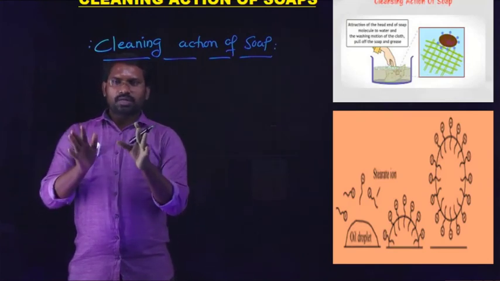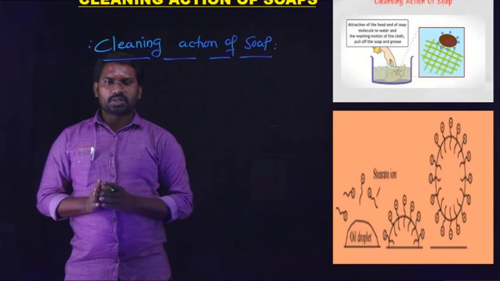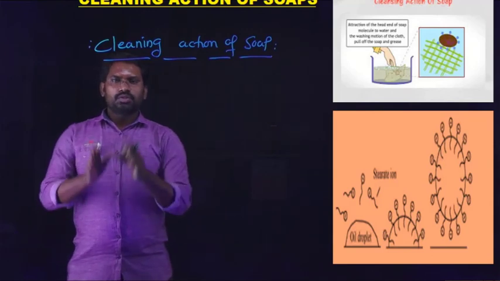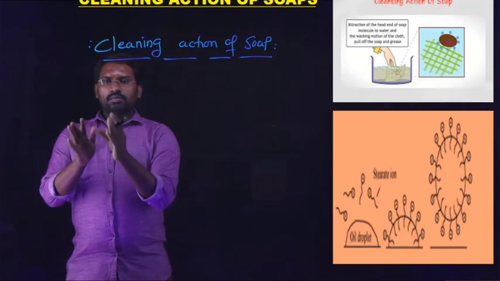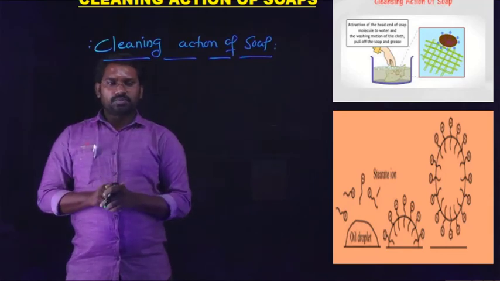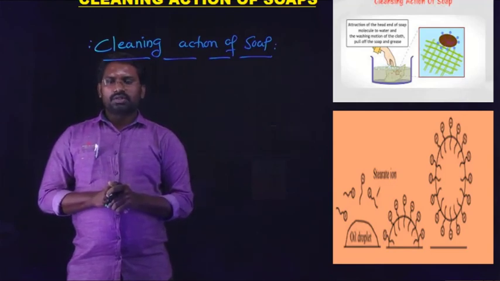This is finally the cleaning action of soap. How can soaps be helpful for the cleaning of clothes? This cleaning action of soap completely relies on the concept of the formation of the micelle. Generally every day we wear different types of clothes and wash them.